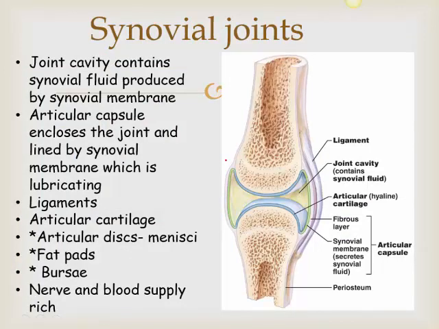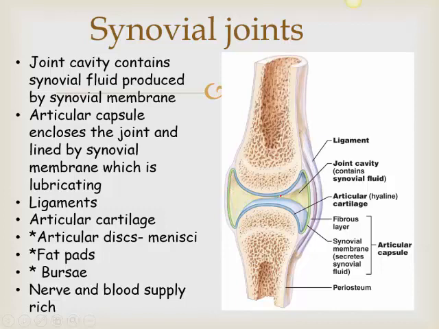Then we come to synovial joints. So these joints are there where there is a cavity. So far we saw in fibrous and cartilaginous joints, there was no joint cavity present. Instead, that intervening substance completely filled the space between the 2 bones. In synovial joints, where 2 or more bones come together, we have a cavity which is present, known as the synovial cavity.